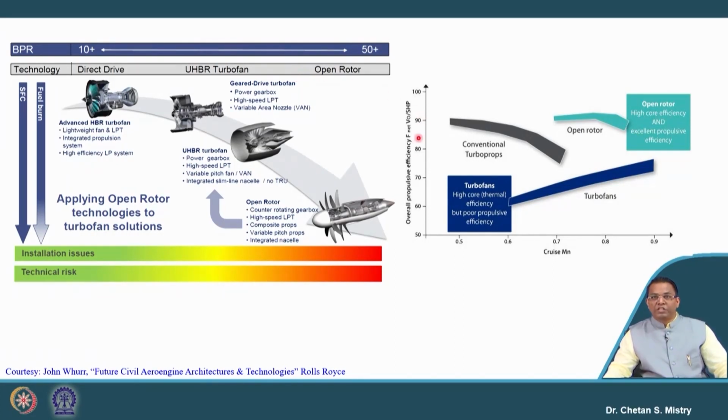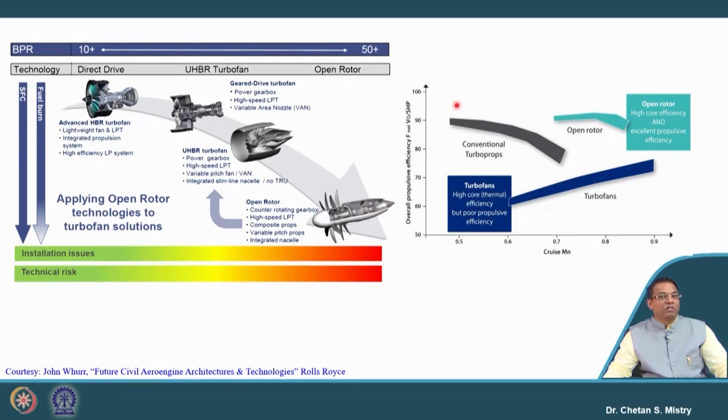Here, this represents my cruise Mach number in relation with the overall efficiency. If we look carefully, this represents the band for the turbofan engine, where we have higher thermal efficiency, but at the same time propulsive efficiency is a little poor.